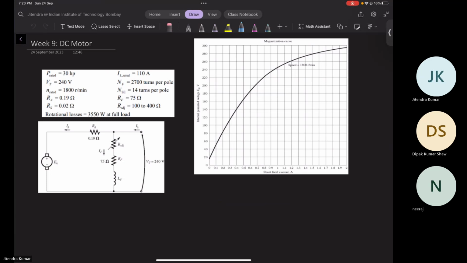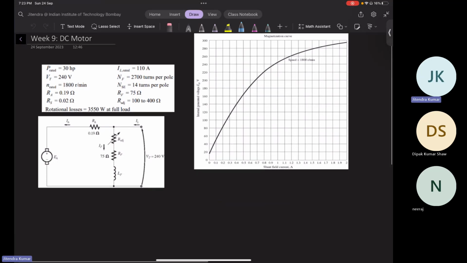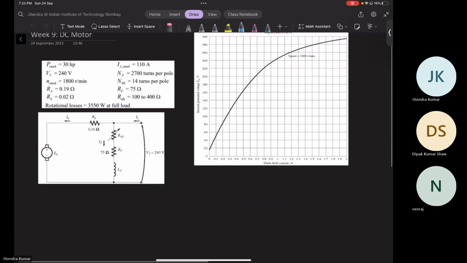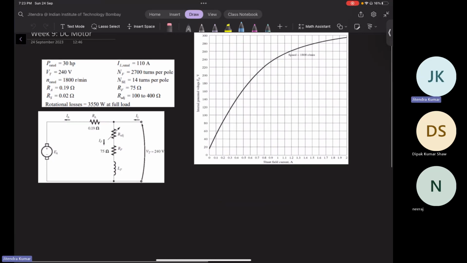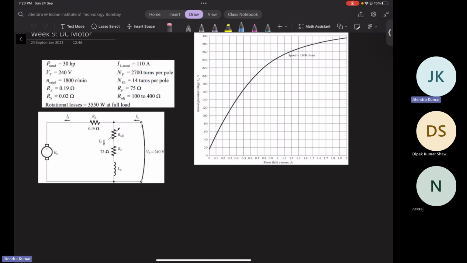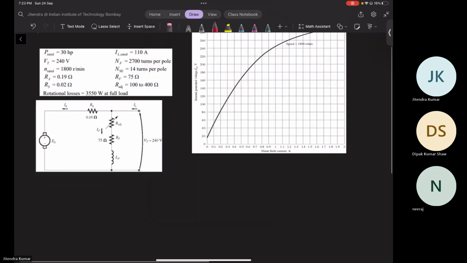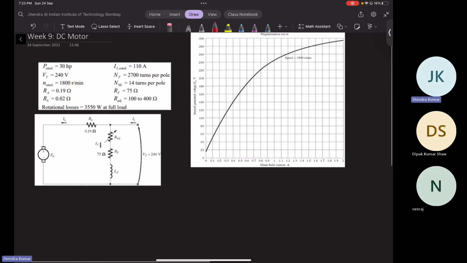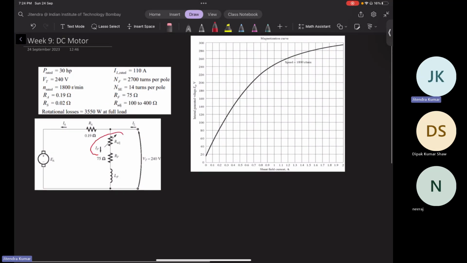Now we have a question. We have this adjustable resistor.